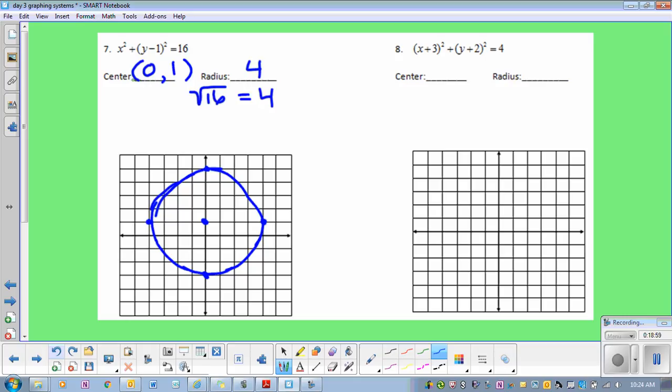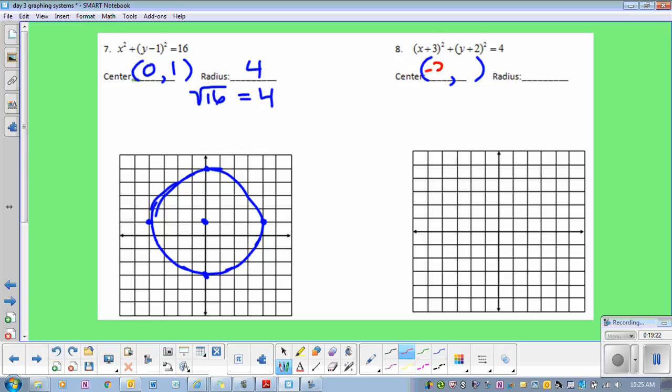All right, so number 8. Tom, you should be able to do number 8 with us, okay? So look, your center. You have an x comma y, right? Inside the parentheses with the x, what number do you have? Okay, what's the opposite?